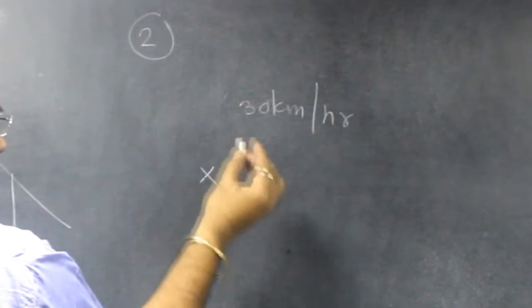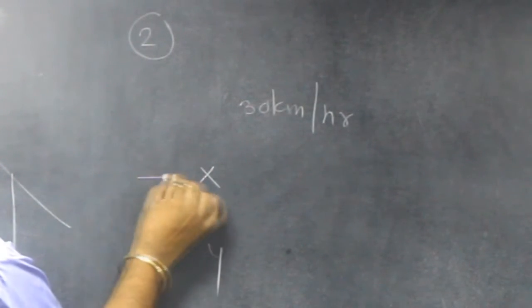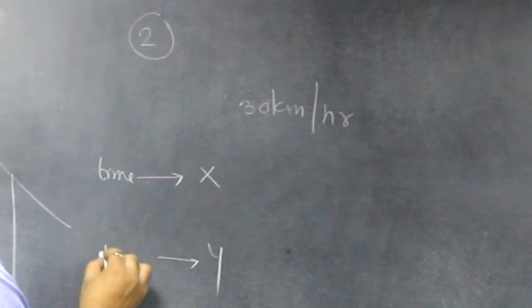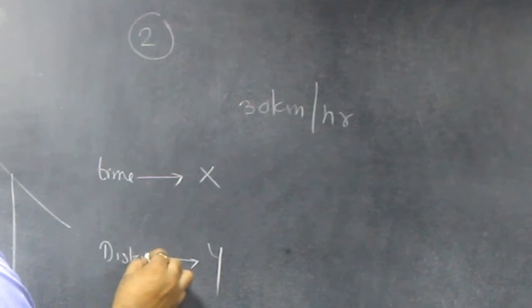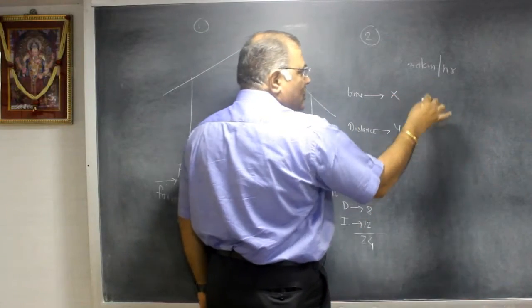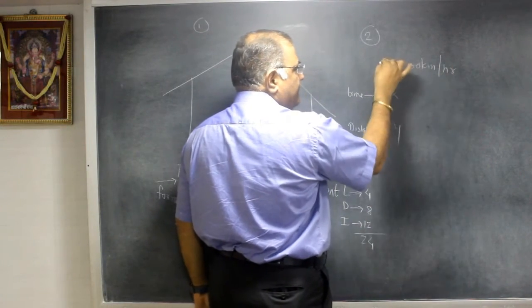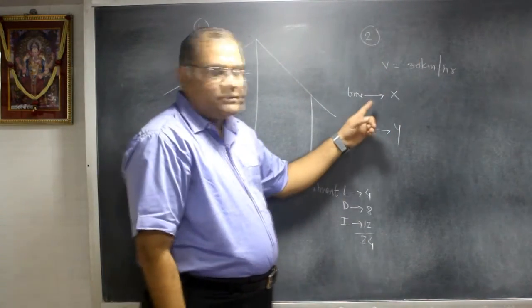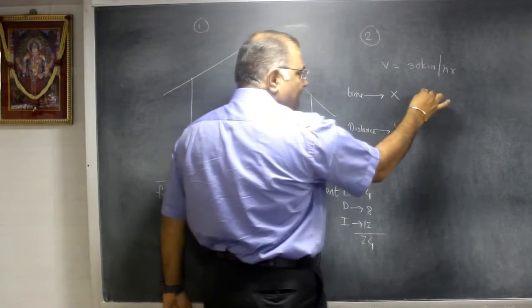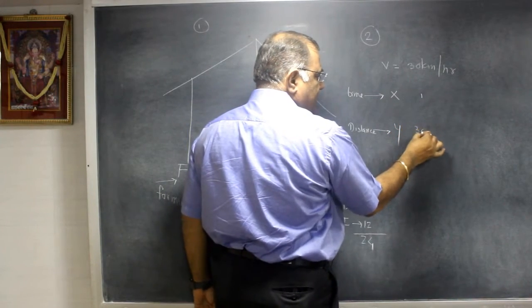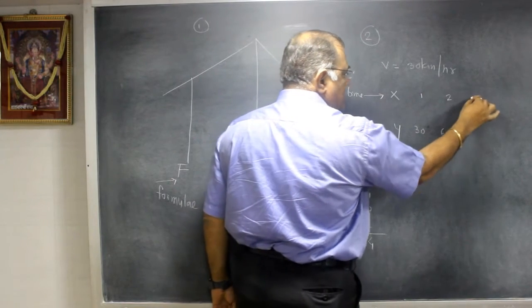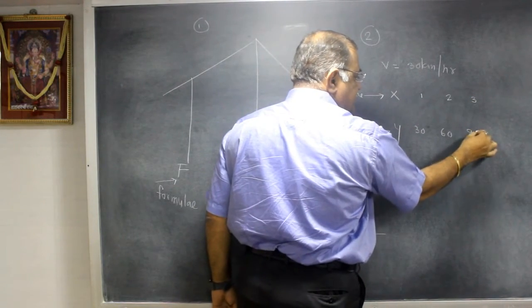Let's take two variables, x as time and y as the distance traveled. Velocity is 30 km per hour. So in 1 hour he will travel 30. In 2 hours how much? Yes, 60. In 3 hours 90.